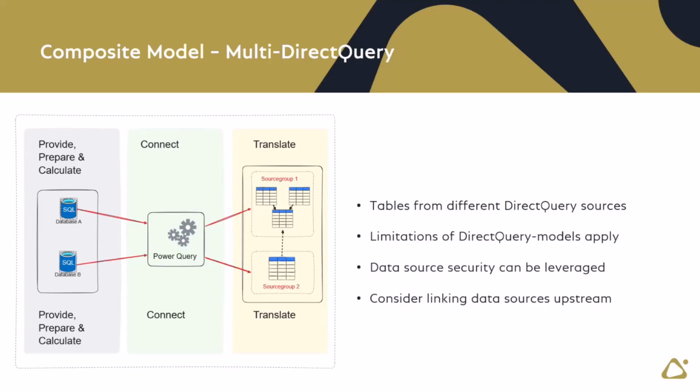Due to the additional performance penalty introduced by the limited relationships, I usually recommend to check if you can push the linkage of the data back upstream somehow, using a linked server and doing a view in one database, so you can access everything via one database.